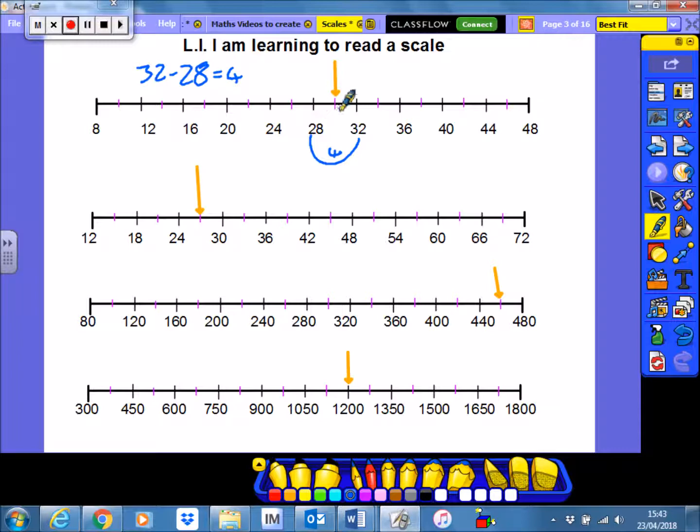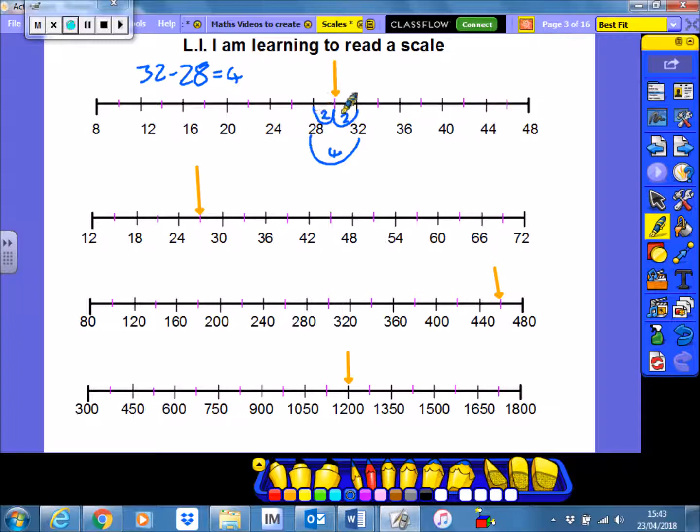However, we're being asked what this minor increment is, what this minor scale is. So if the major increment is 4, but there are 2 jumps on the way to getting there, in that case, this number here must be 4 divided by 2. So the minor increments are going to be 2 at a time.